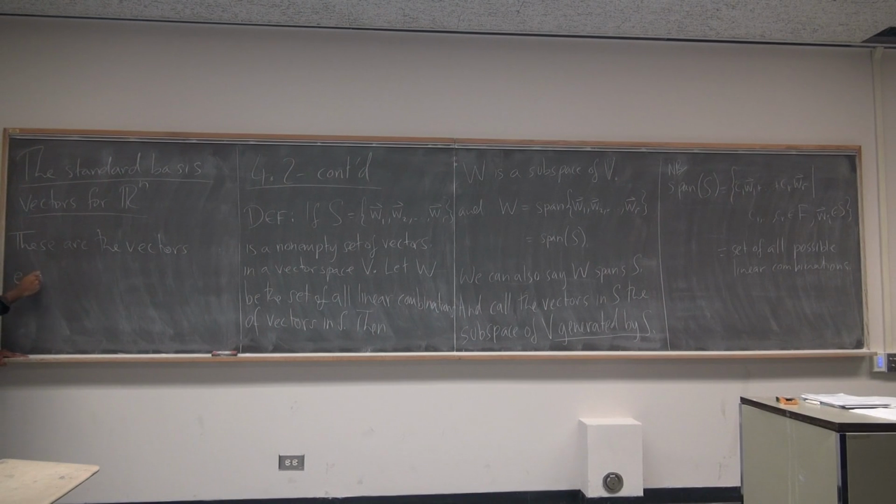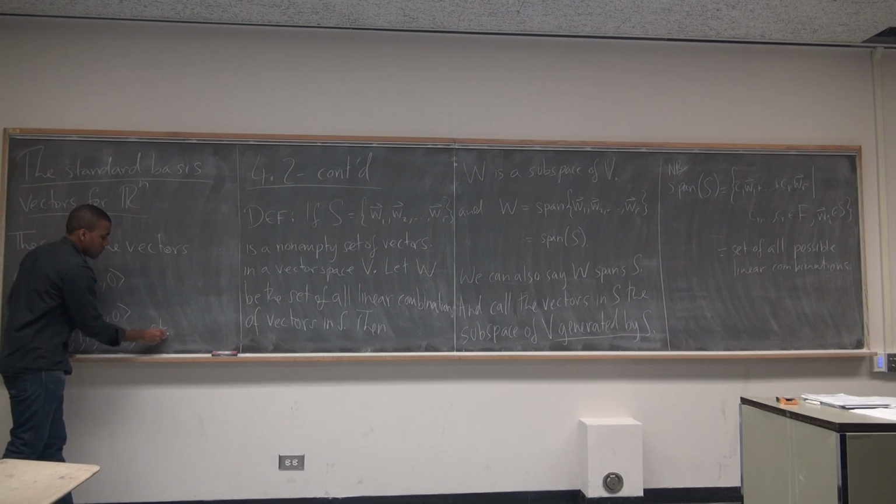Denote them by e's with subscripts. So e1 would be 1 with everywhere else 0. e2 would be 1 in the second place and 0 everywhere else. e3, 1 in the third place, 0 everywhere else, etc.